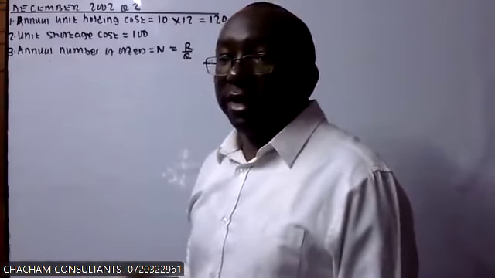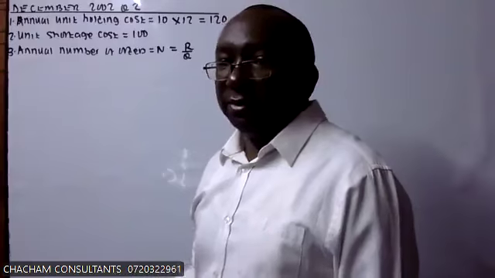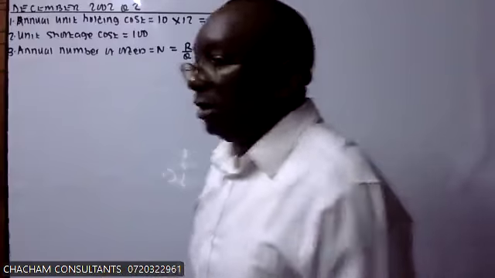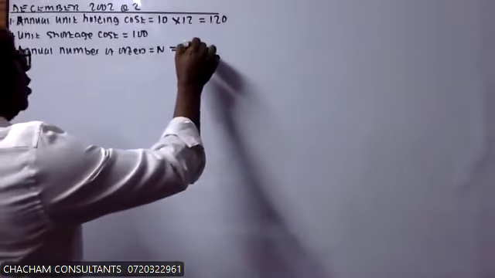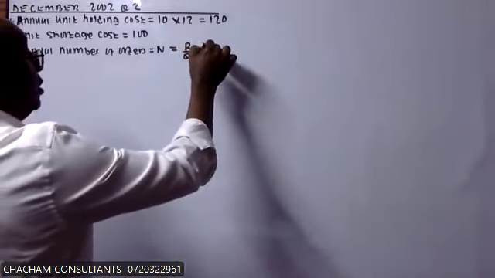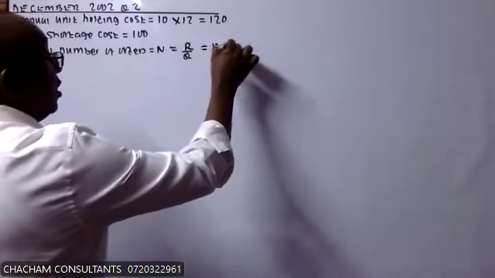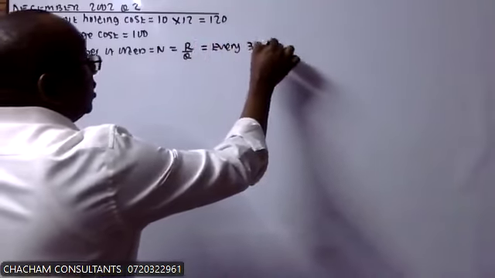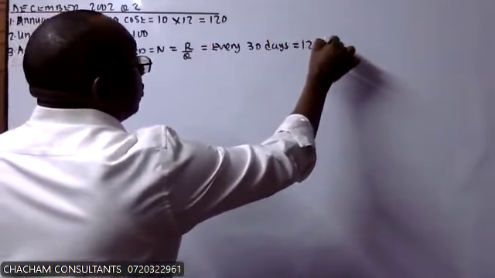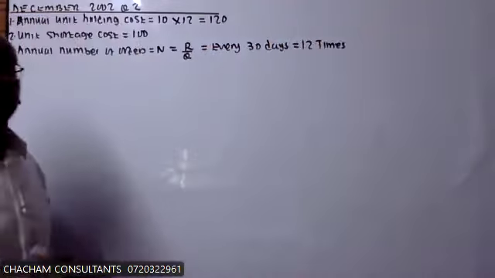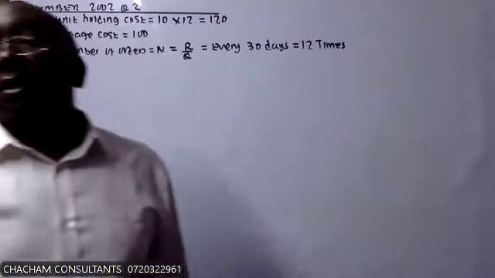So we will have made orders how many times? 12 times. Good, that's how we go about it. So this one is every 30 days, and that gives us 12 times. That is how you establish it.